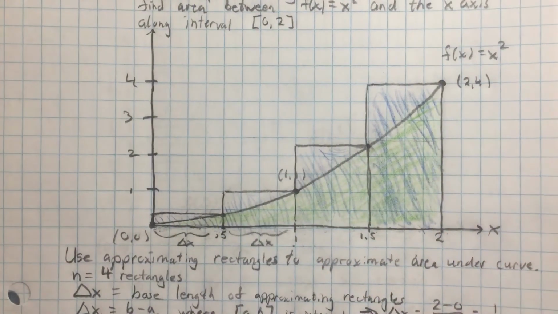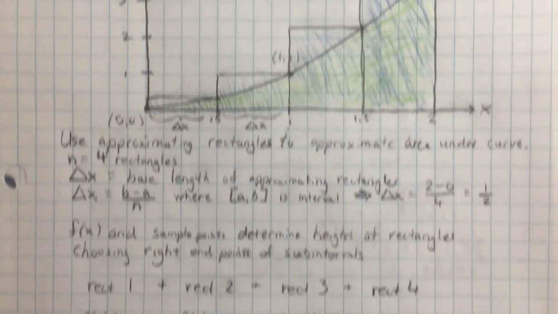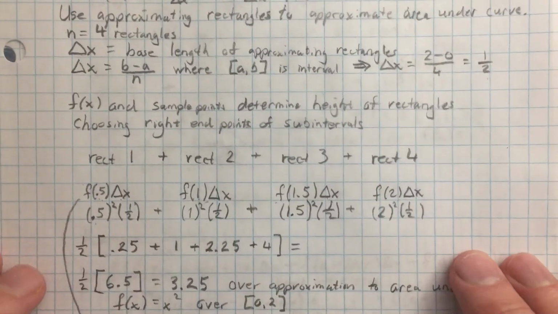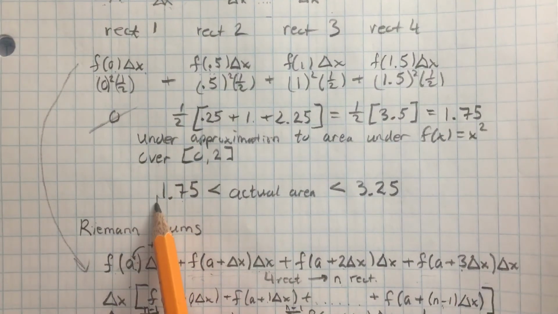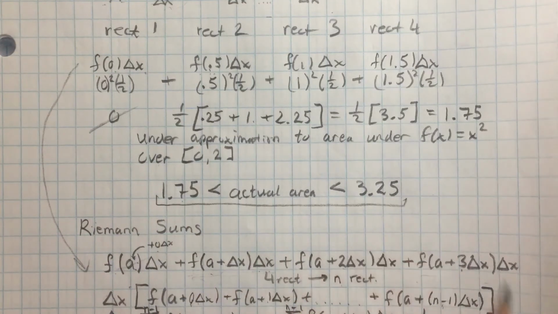So the reason we had such a, you might say, poor approximation in the beginning, where we determined that the actual area here was between 1.75 and 3.25, which is a pretty big gap for those size numbers, was because we were only using 4 rectangles on the left endpoint and 4 rectangles on the right endpoint. So therefore, we didn't get very accurate values in the first place.